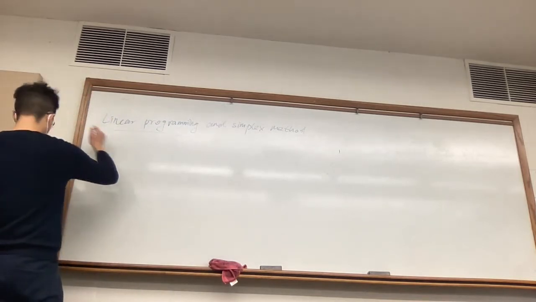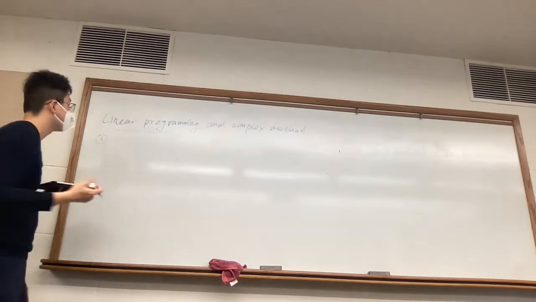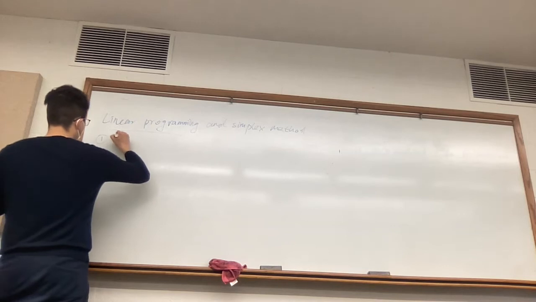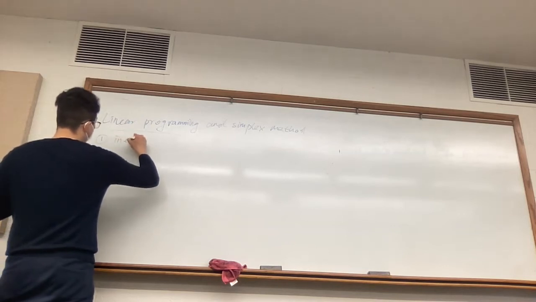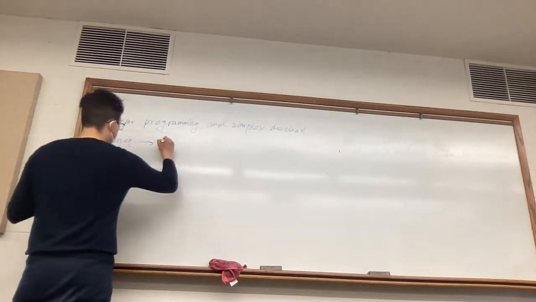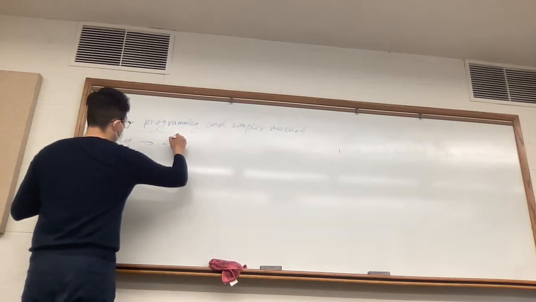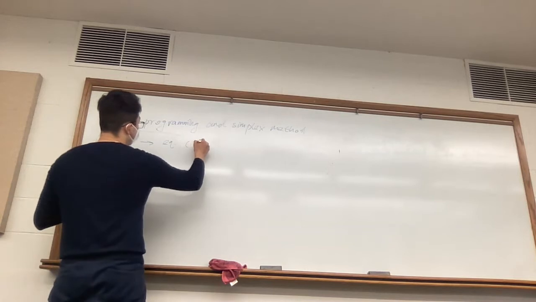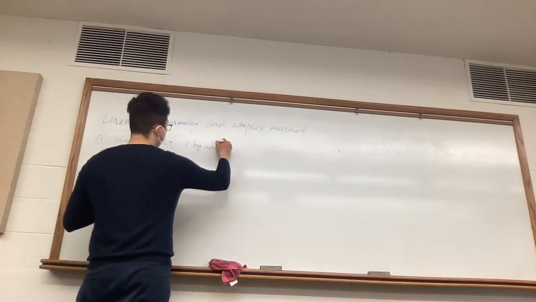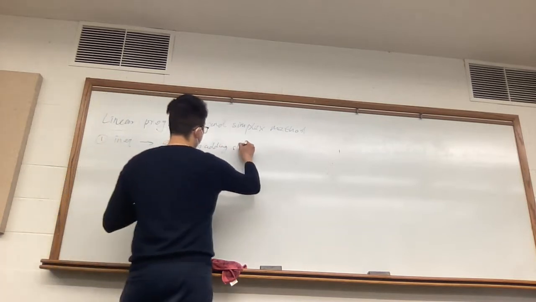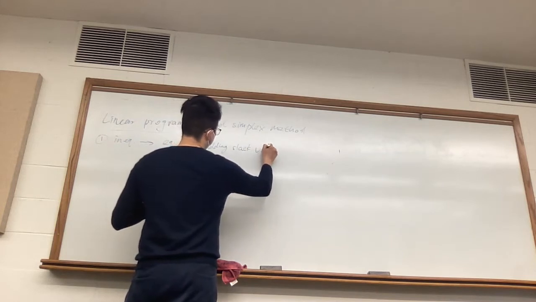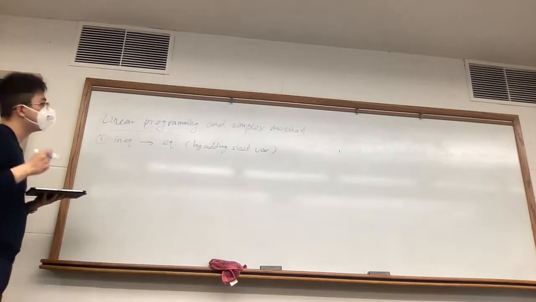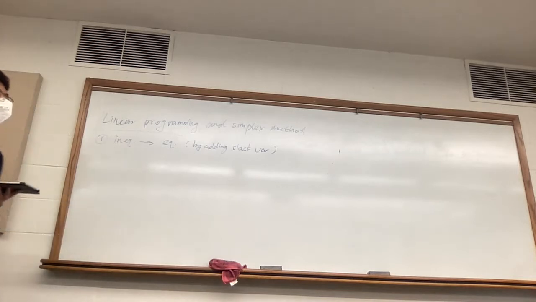So let me just list the points when you want to standardize a linear programming. So the first one is need to convert the inequality to equality. And this can be done by adding slack variables. And you should always keep in mind that the slack variable should be non-negative.